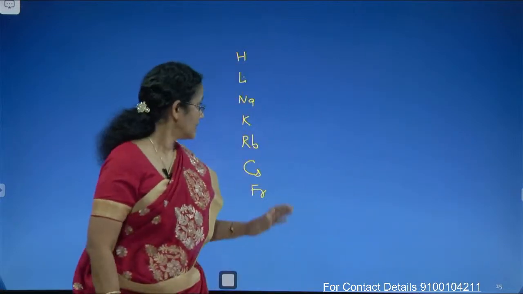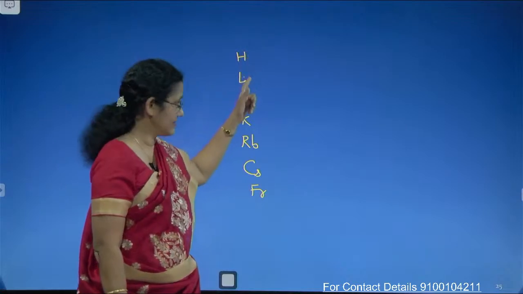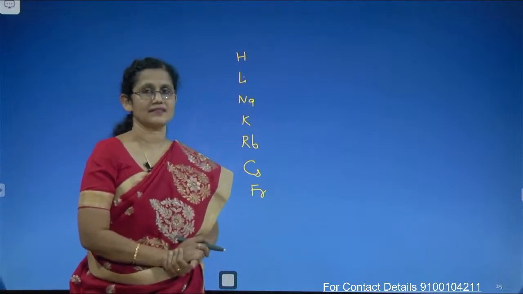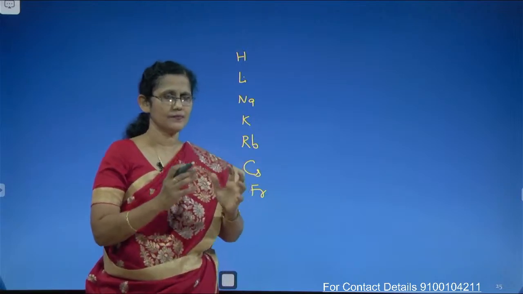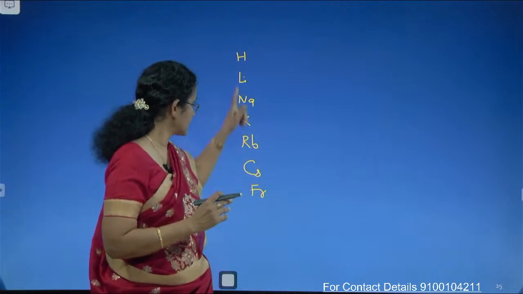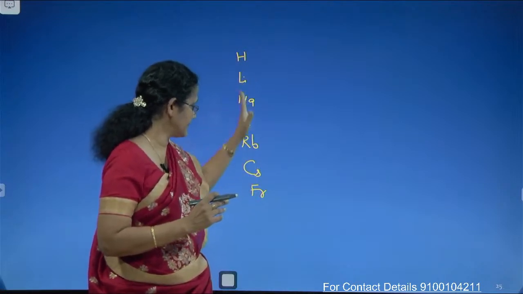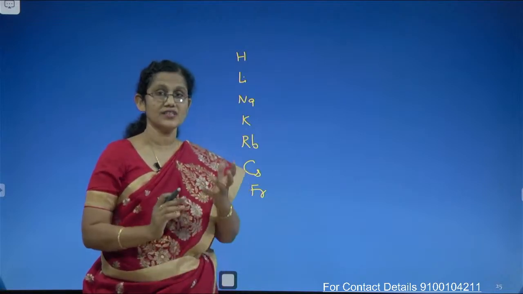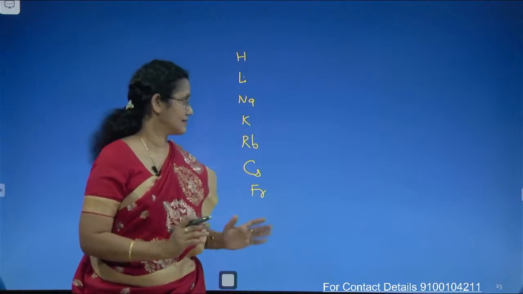Similarly, hydrogen is non-metal, whereas all these first group elements are alkali metals. So, in certain properties it shows similarity with alkali metals, in certain properties hydrogen differs from alkali metals. So, its position is still uncertain, right.